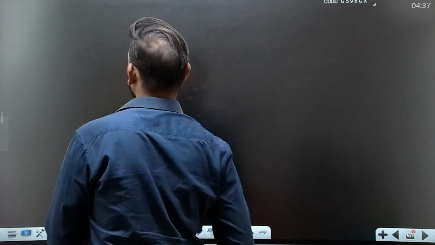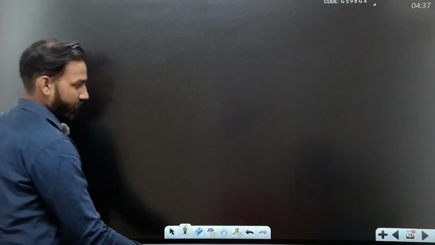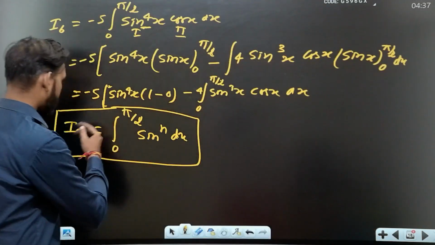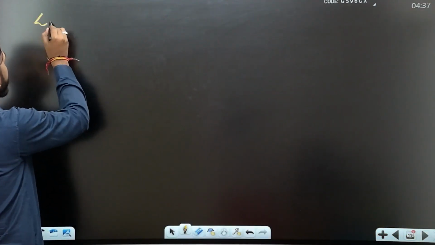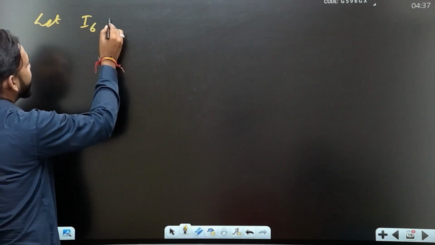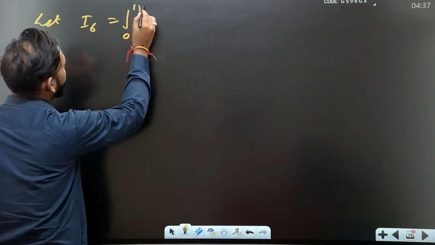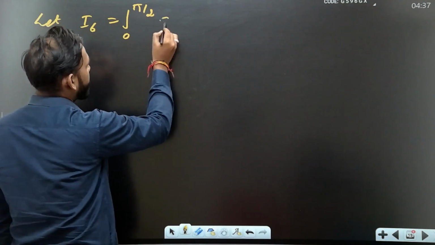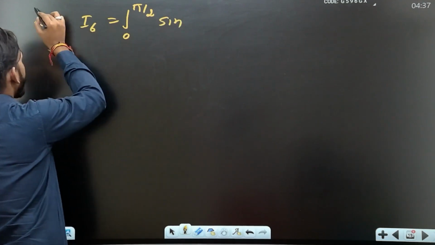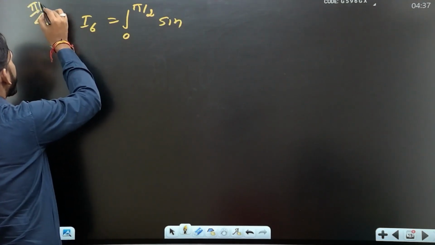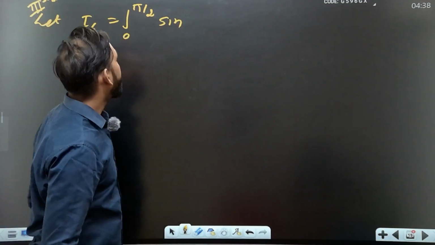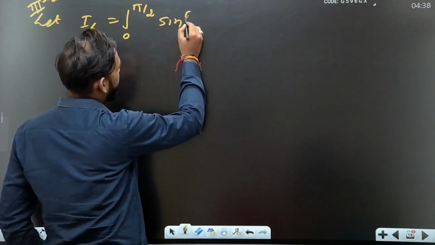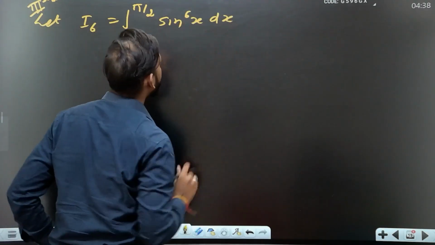Okay, now if we want to derive this formula, consider again this integral. Let I6 be equal to the integral from 0 to pi by 2. This is the third method. We have discussed two methods earlier, and this is the third method of solving this integral.